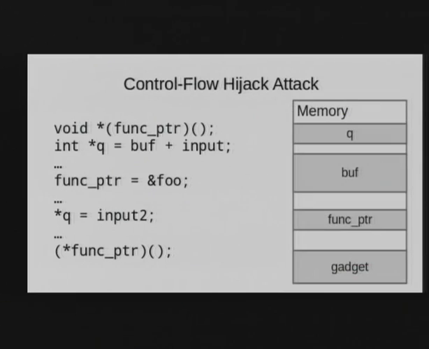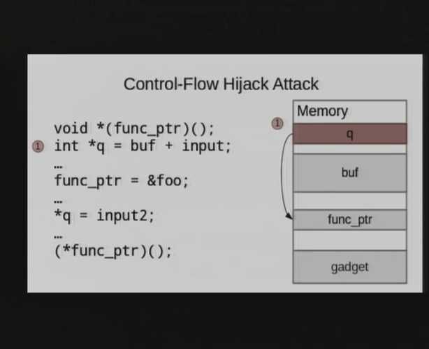So in a control flow hijack attack, the attacker can use these abstract steps to actually get control over the executed application by initially redirecting the pointer from the valid location. So initially the programmer intended Q to always point into the buffer, but by supplying additional values, the attacker can make the pointer point into the function pointer itself.